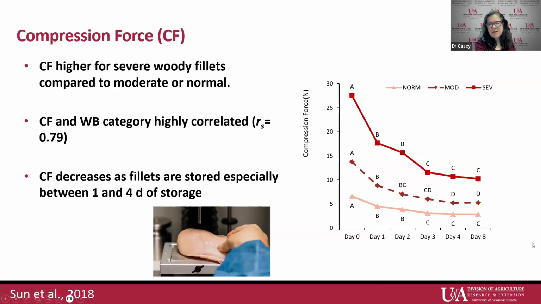The data on the right shows that at day 0, there's already a difference in the fillets we selected as normal, mild, or severe. So there's a difference in compression force. These A's and B's represent differences across the days, but there are significant differences in all 3 of these populations. What you'll note is that the compression force typically decreases as the fillet ages.